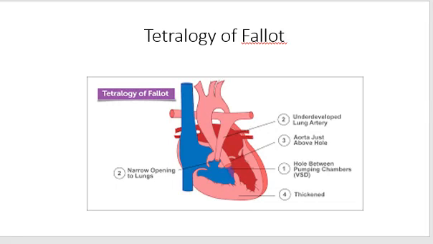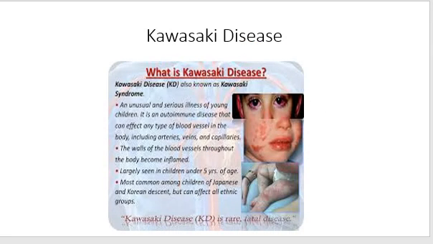I think next we will talk about some acquired heart problems. Kawasaki disease is sometimes called mucocutaneous lymph node syndrome. It's an unusual but very serious illness, and it's classified as an autoimmune disease that usually affects children less than 5 years of age.